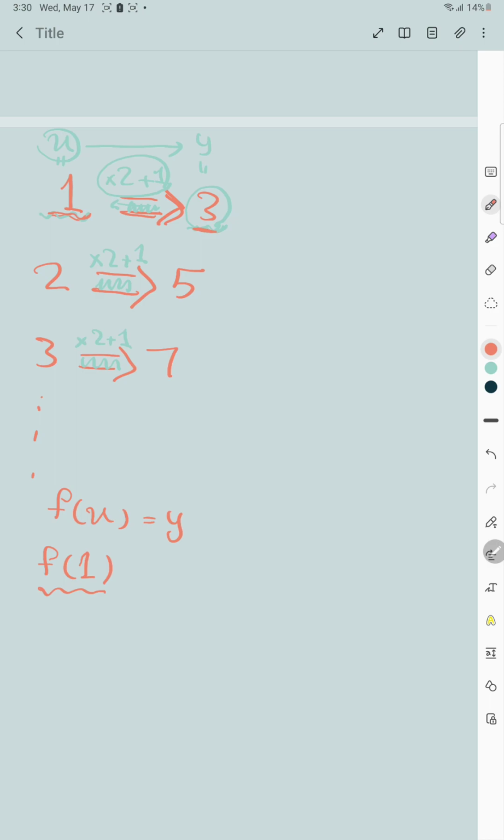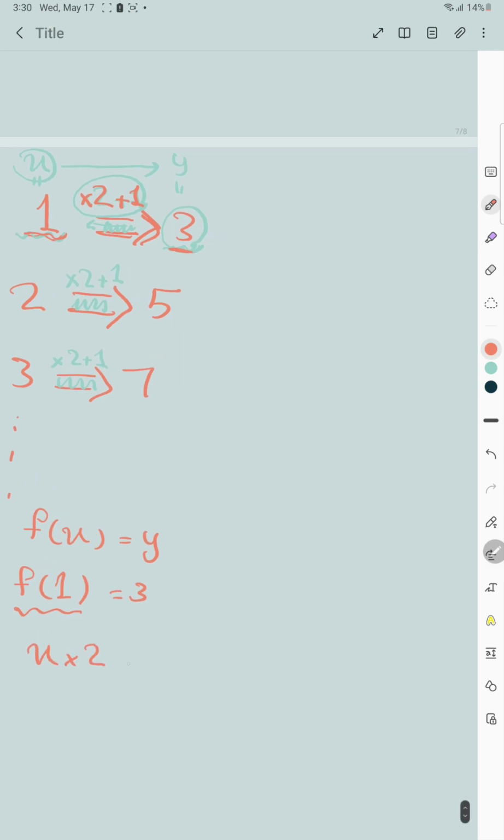The operation, the function, is multiplying by 2 and adding 1, which equals 3. Now let's do it. This is our x value, it has been multiplied by 2 and had 1 added to it, and it has given us our y value.